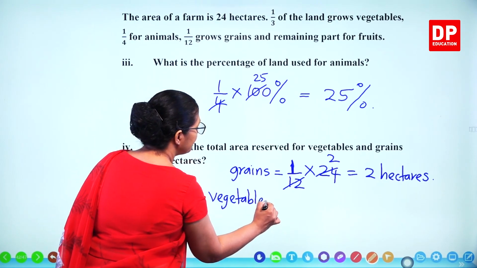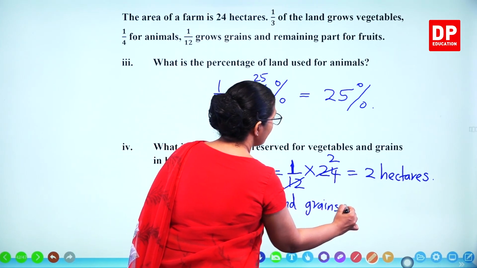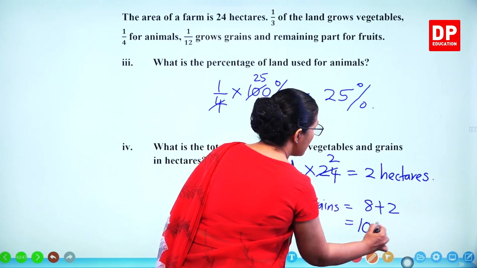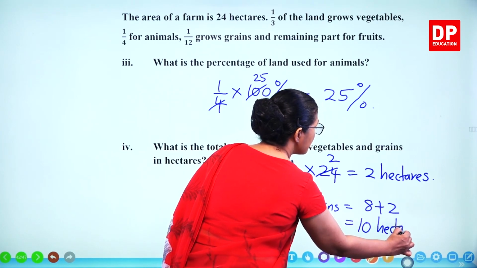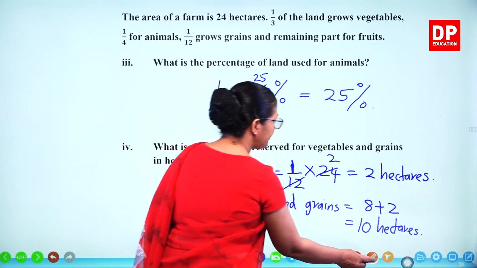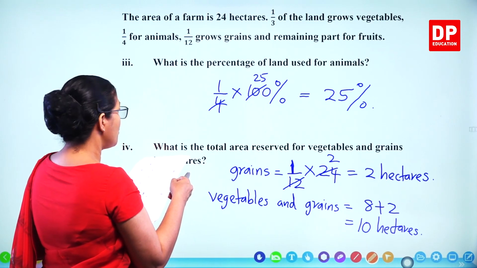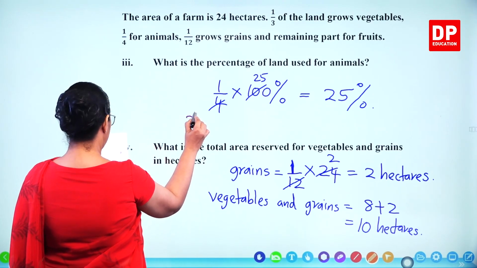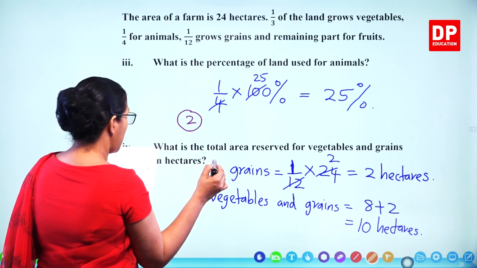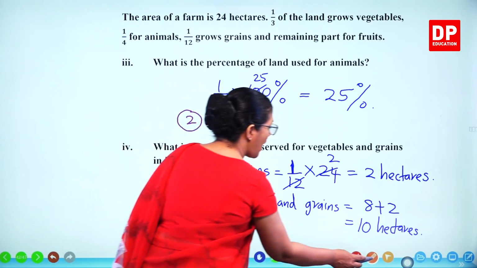Vegetables 8 hectares, this is 2. Altogether 10 hectares. You get 2 marks here. So 5 and 4, 9.